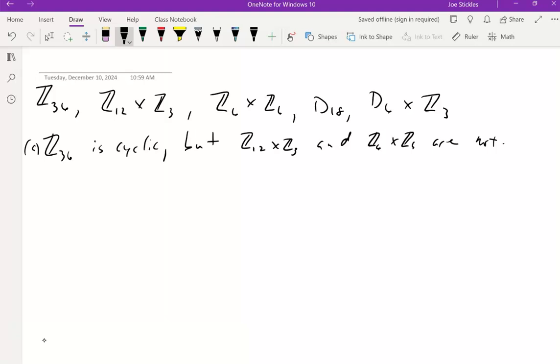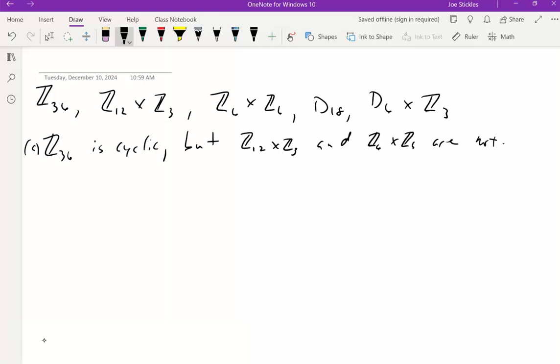I don't have it explicitly asked for here, but tell me why you know that Z36, Z12 cross Z3, and Z6 cross Z6 are not isomorphic to D18, and none of those three are isomorphic to D6 cross Z3.